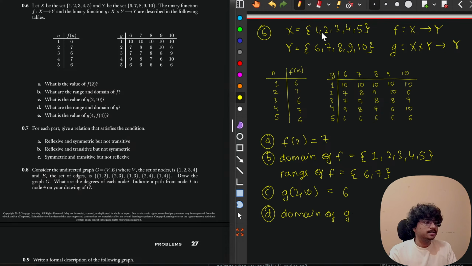Domain of G is basically all possible cases.